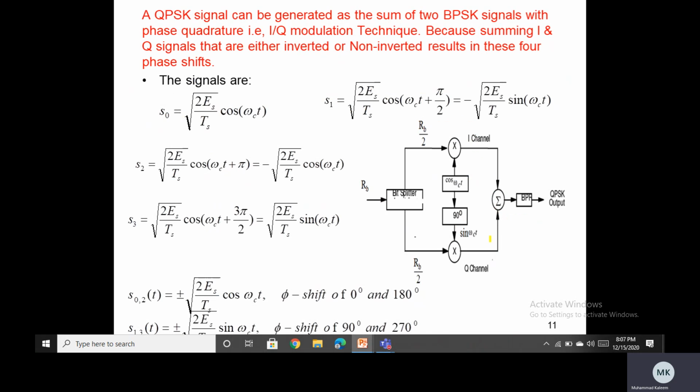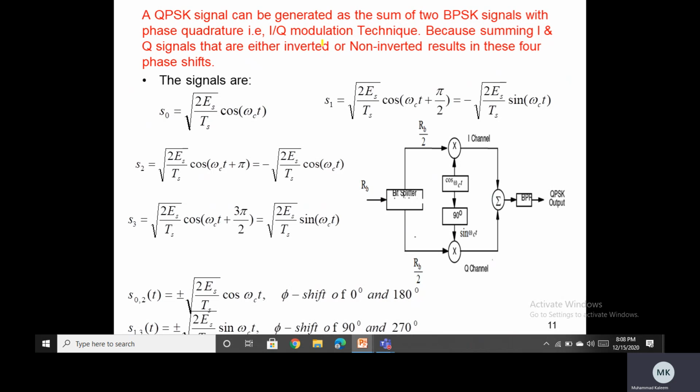Now let's look at the implementation of QPSK. We will see the transmitter side. Because in QPSK M is 4, we will be generating 4 symbols or 4 signals or 4 waveforms.